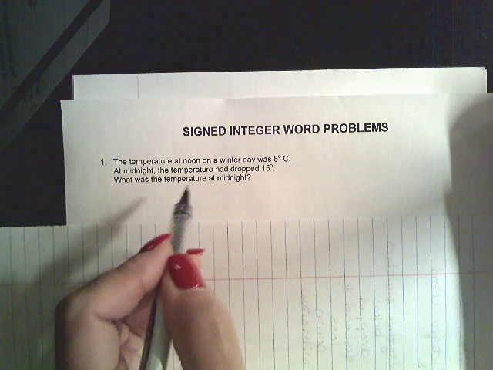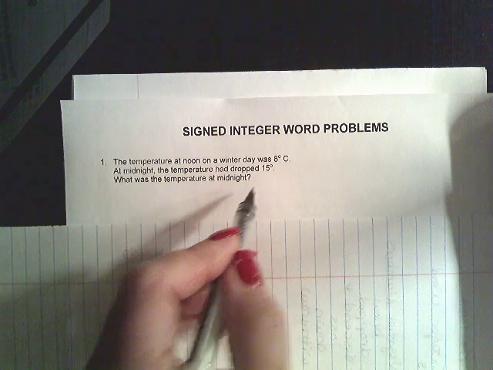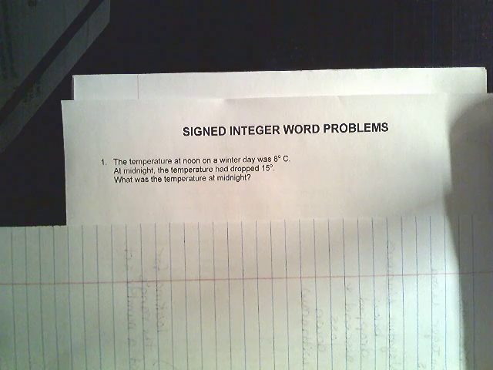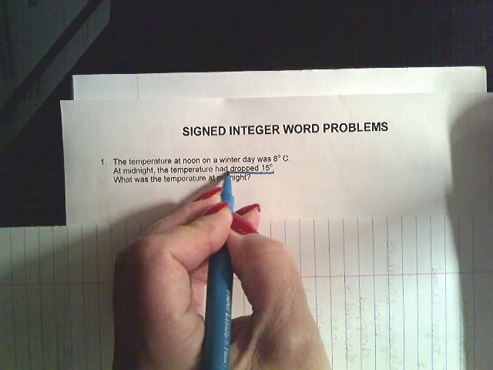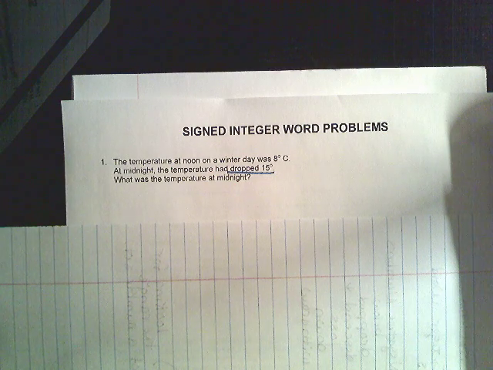At midnight, the temperature dropped 15 degrees. What was the temperature at midnight? So we are looking for key words in this that are going to tell us whether we're going to use a negative or a positive number. Here it says dropped. It dropped 15 degrees. So we know that means it's a negative.